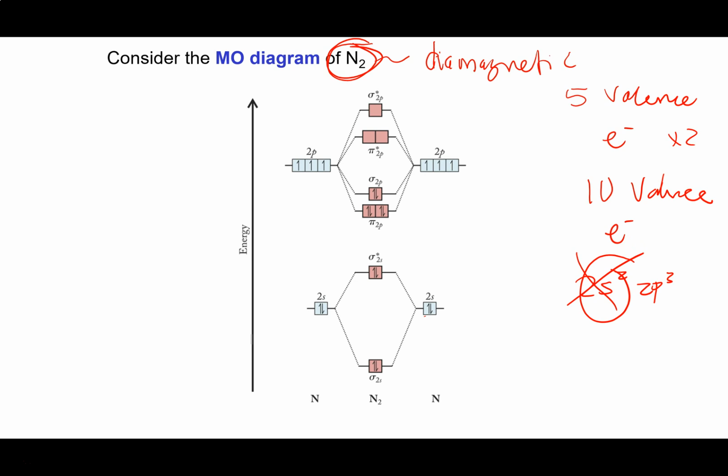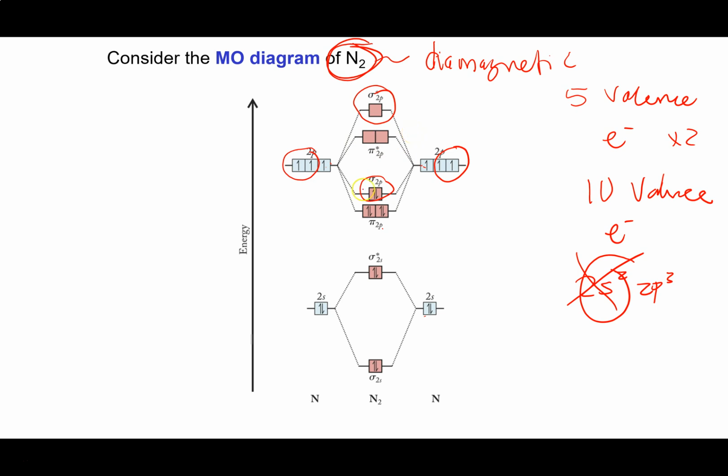What about when the 2p subshells on 2 different nitrogen atoms overlap? Well, one pair will overlap to form a sigma 2p and a sigma star 2p, and then the remaining 2 pairs are going to overlap to form 2 pi 2p bonding orbitals and 2 pi star 2p anti-bonding orbitals.